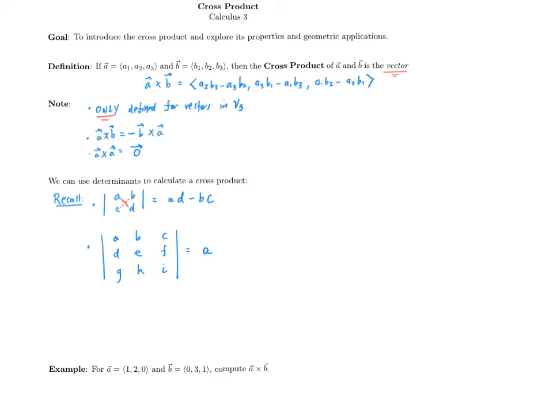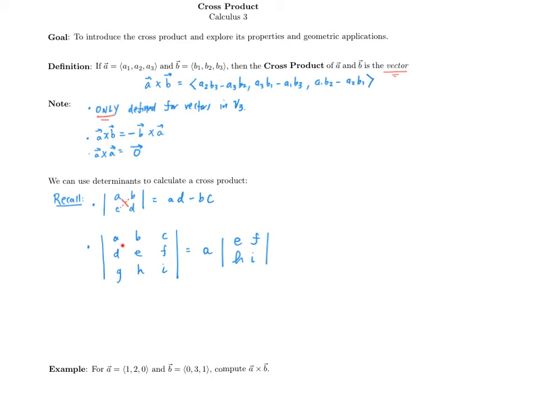How I get that 2 by 2 determinant is I cross off the row and the column that A is in. When you do that, what remains is this 2 by 2, and we multiply by the 2 by 2 determinant that is there. So what we would multiply by is E, F, H, I.